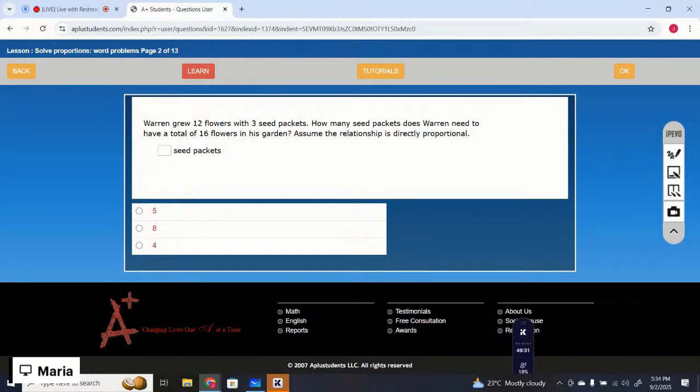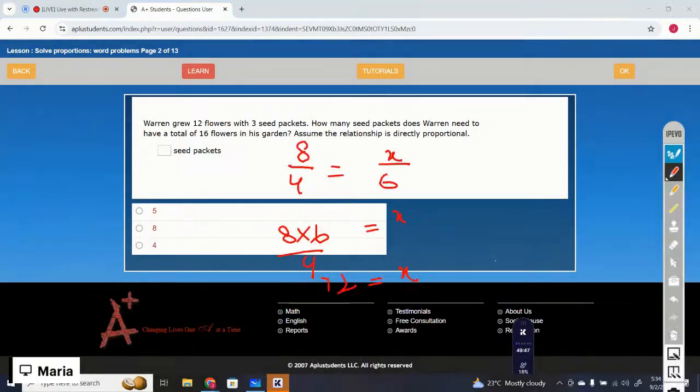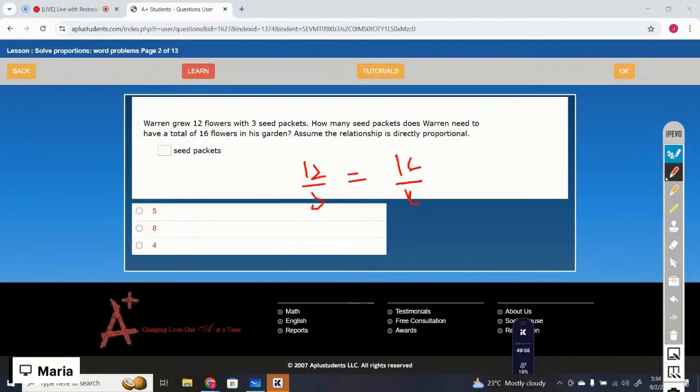Warren grew 12 flowers with 3 seed packets. Warren needs to have a total of 16 flowers. 12 flowers to 3, 16 flowers to x. So how many seed packets does he need?